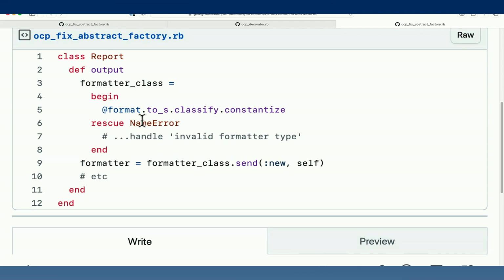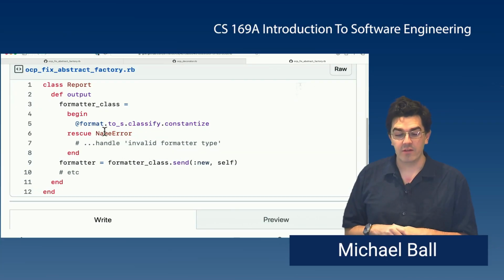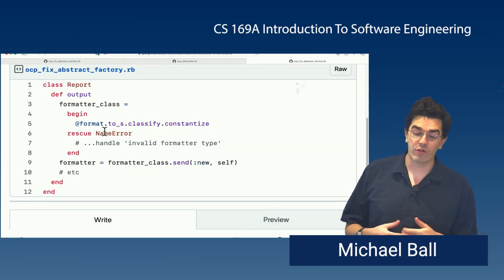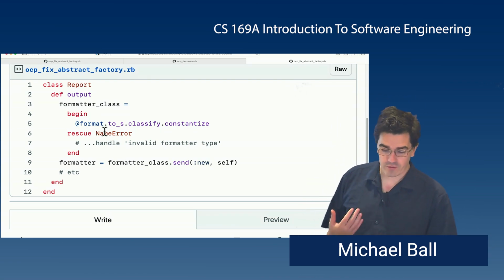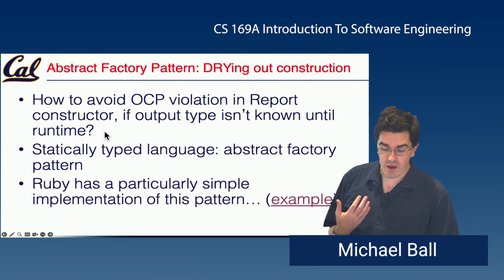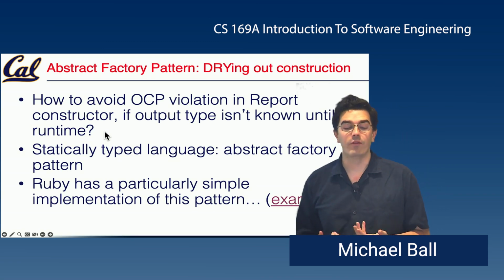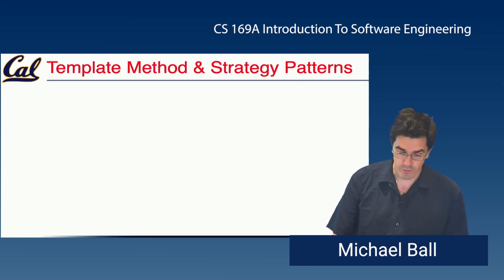And this allows us to do something like, say, pass in a report HTML formatter class or whatever it might be as the arguments to a report generator that allow us to look up the class. And so the abstract factory pattern allows us to say that we have a way of dynamically looking up a different kind of class at runtime from what we might need.